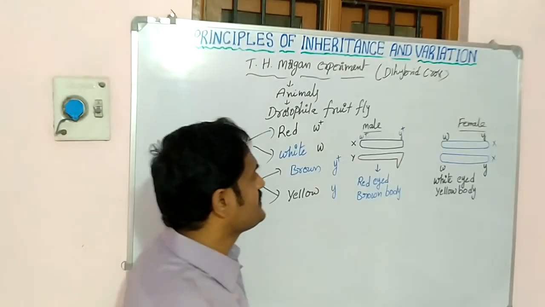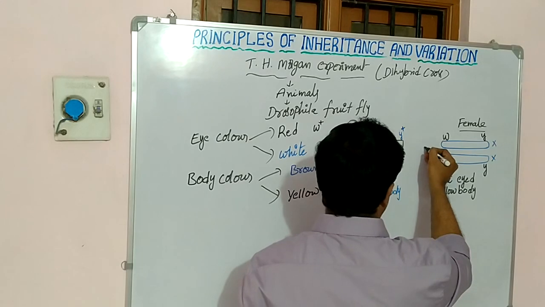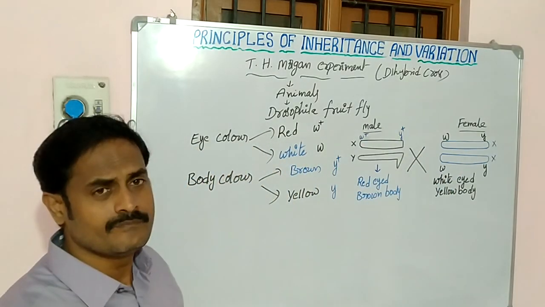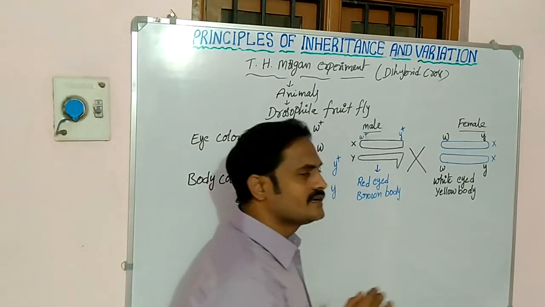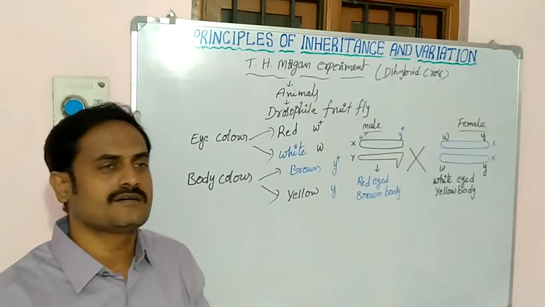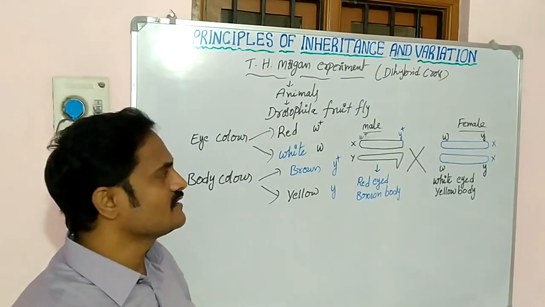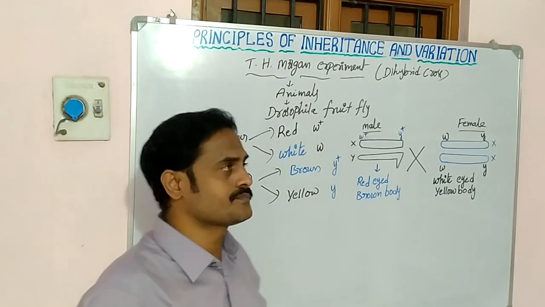Then T.H. Morgan crossed these two animals. First, some male flies and some female flies are produced. So what kind of male flies and what kind of female flies are produced?